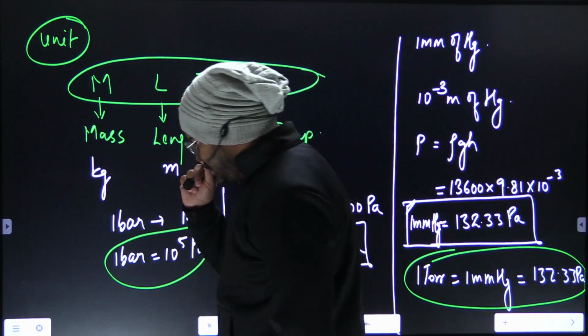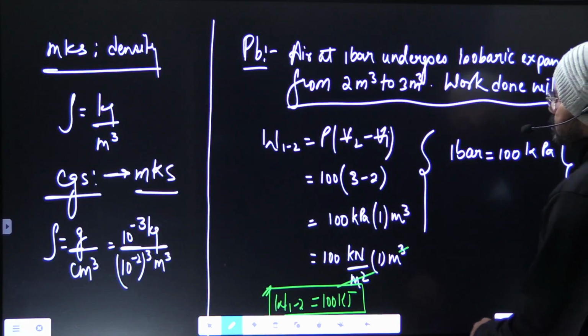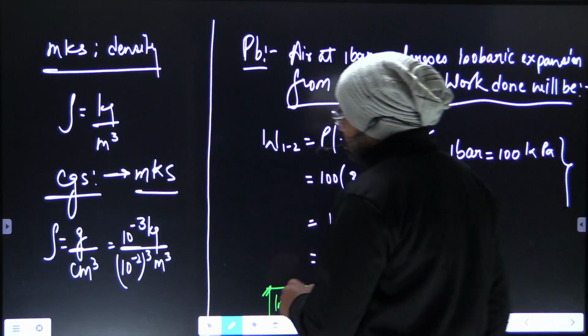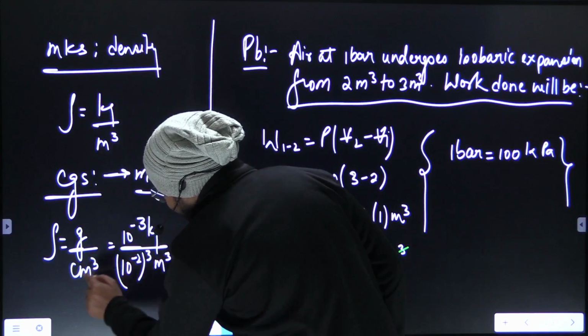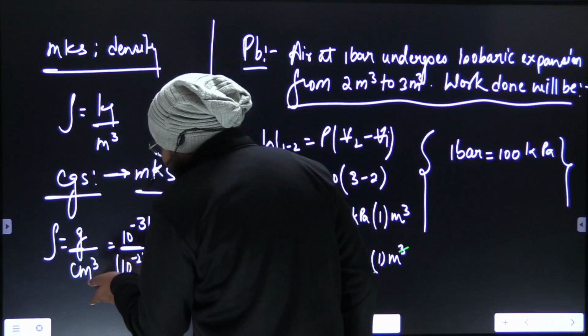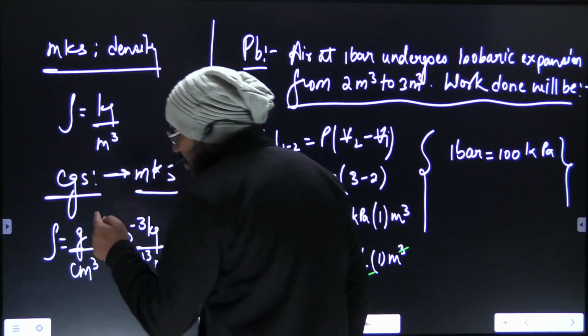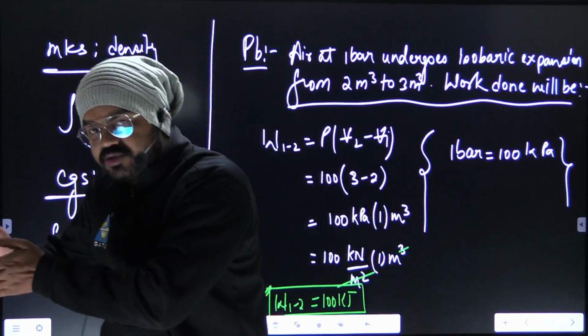And the rest is, see, here what we did. If I have to convert centimeter to meter, if only centimeter to meter, I would have done 10 to the power minus 2. But since there is a cube, centimeter cube means 10 to the power minus 2 times 10 to the power minus 2 times 10 to the power minus 2.